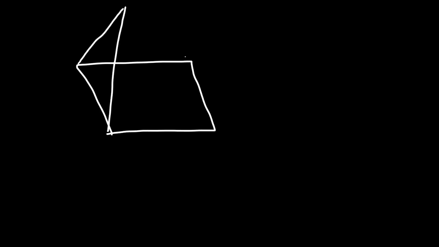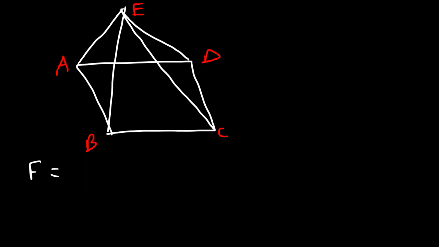Now let's go over one more example. And so that is the square-based pyramid. So let's call this A, B, C, D, and E. So let's calculate the number of faces. So we have face ABCD.